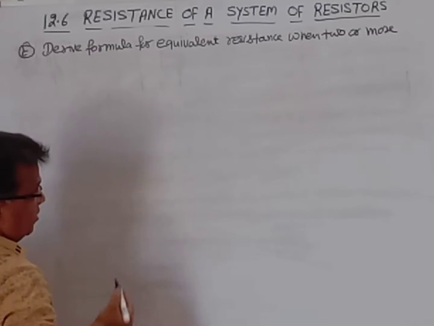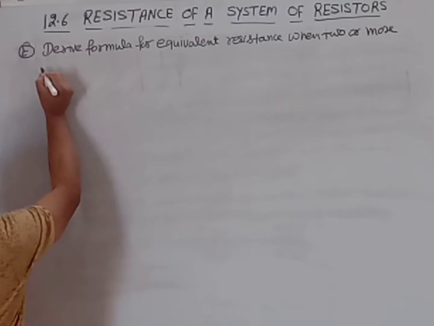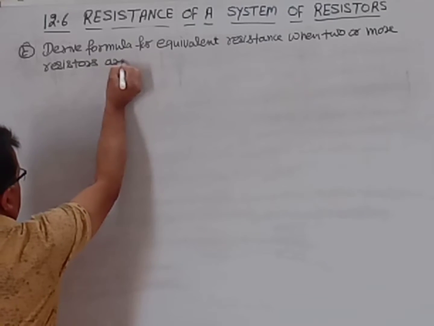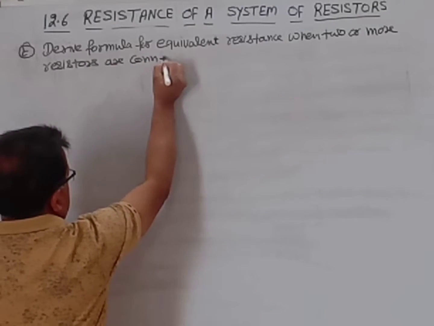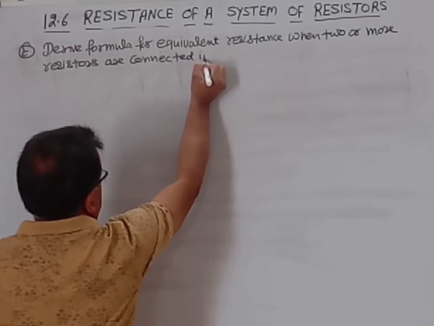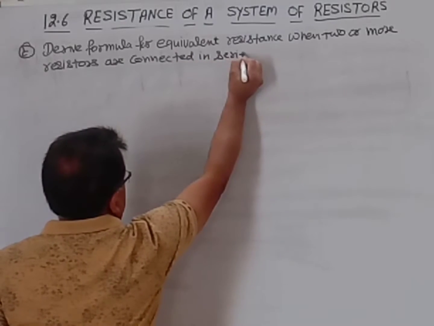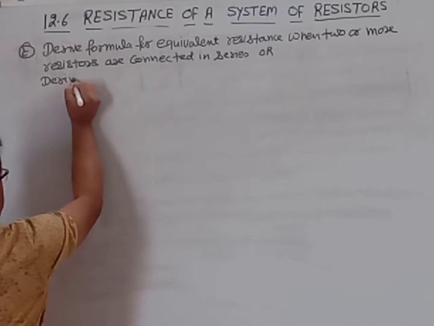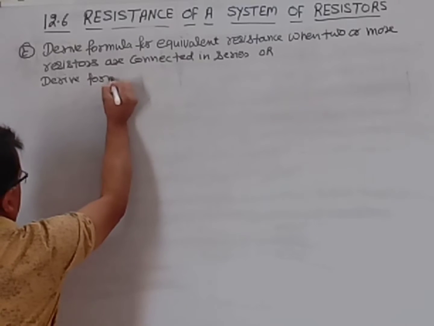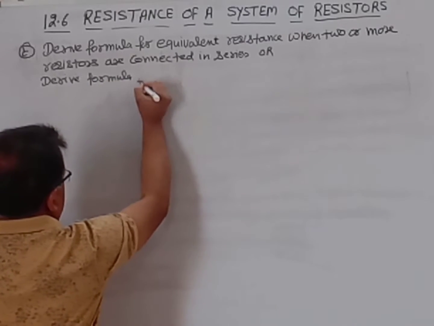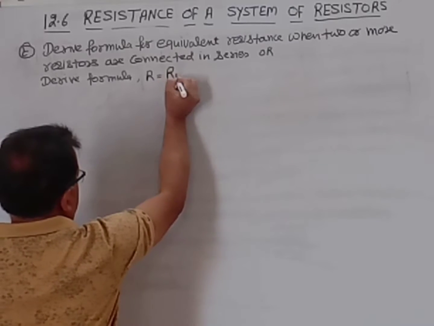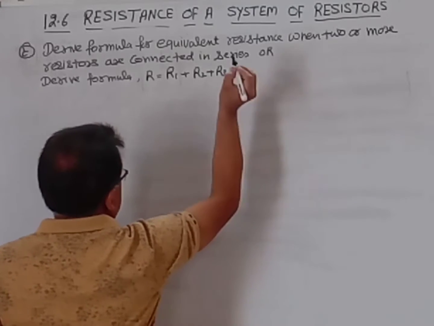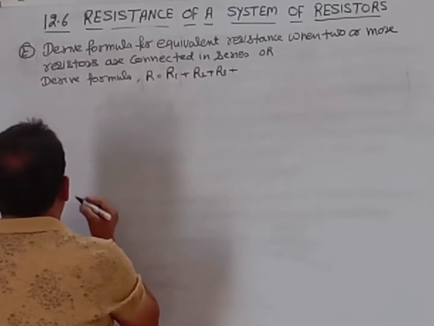Derive the formula for equivalent resistance when two or more resistors are connected in series, or derive the formula R is equal to R1 plus R2 plus R3 for resistance in series.